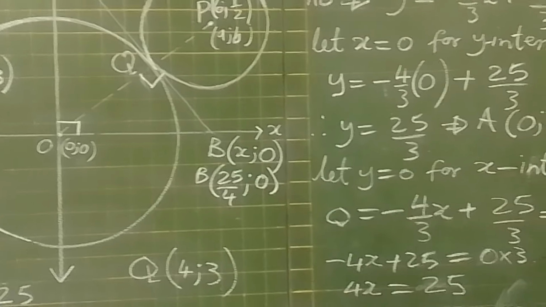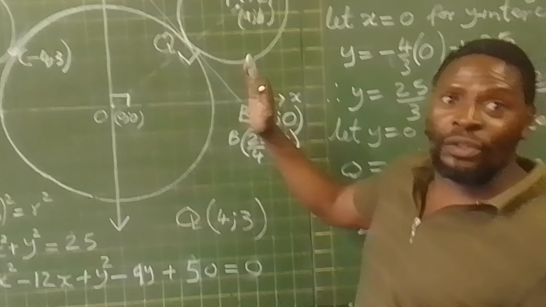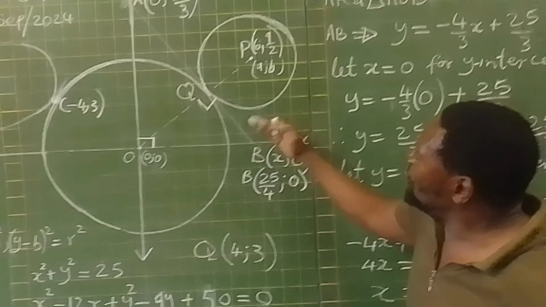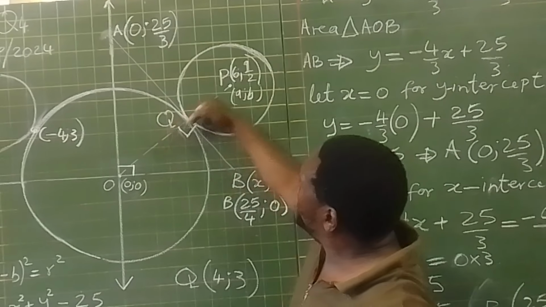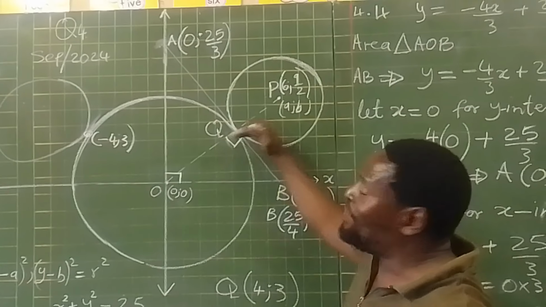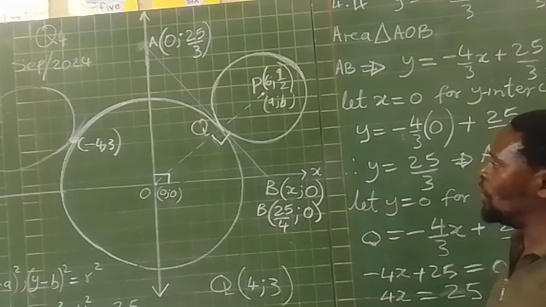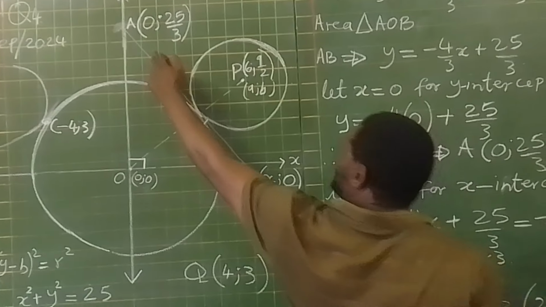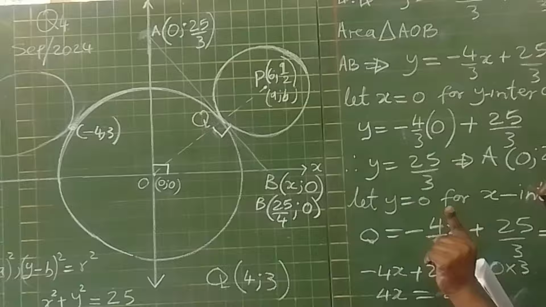If ever you are given a straight line, you have the equation of the straight line, and you have the gradient of the straight line. If two lines are perpendicular, then the product of the gradients is minus 1: MOQ times MAB is equal to minus 1.